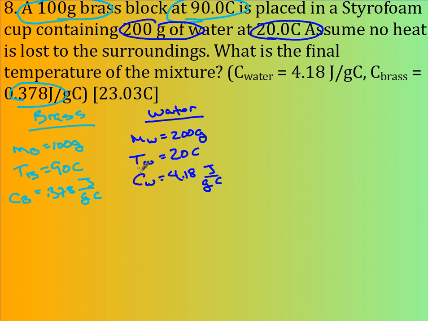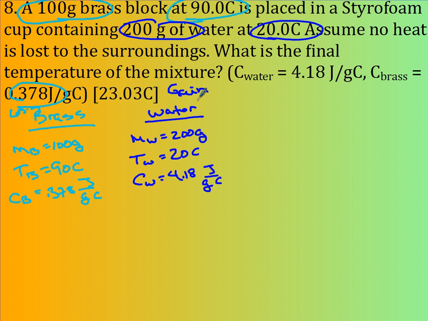Now, let me show you what happens. Which one of these is the hot one and which one of these is a cold one? Clearly the brass starts off hotter and it cools off. So the water is going to be the one gaining heat, while the brass is going to be the one losing heat.